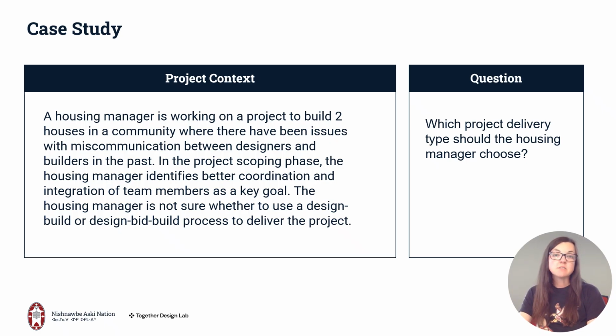It really depends on where communication breakdown is happening. And if it's happening due to information not being shared, maybe we need to remove the middleman. But if it's happening because the designer and the contractor won't talk to each other, maybe there needs to be a middleman to move that communication along more smoothly.